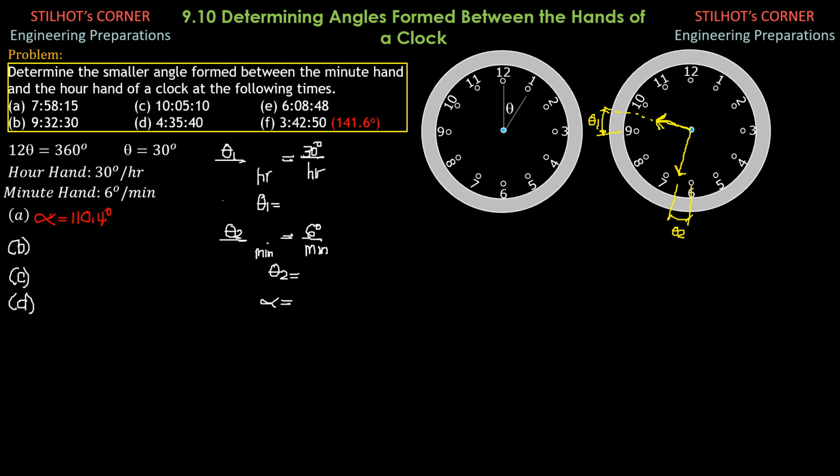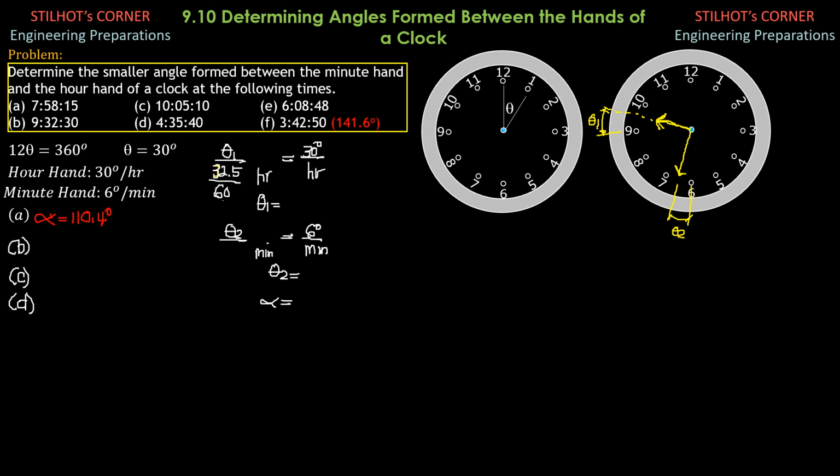Theta 1 corresponds to 32 minutes and 30 seconds, or 32.5 minutes. 30 over 60 is 0.5. To make it hours, 32.5 minutes divided by 60.